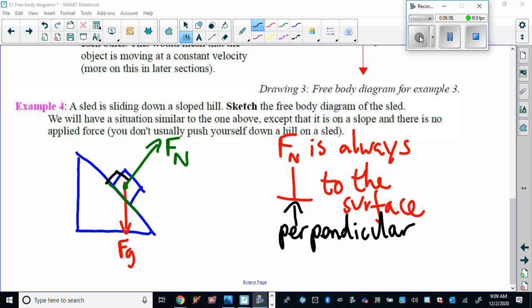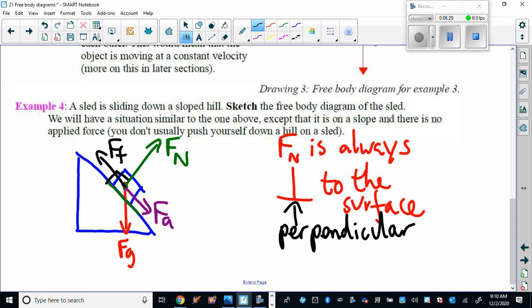So the force that's pushing it down the hill is a component of gravity. For now, we're just going to call it an applied force. So the applied force is going down the slope, and it's perpendicular. Sorry, it's not perpendicular. It's parallel to the slope. And then, of course, we have the force of friction, which is going to be going up the slope.